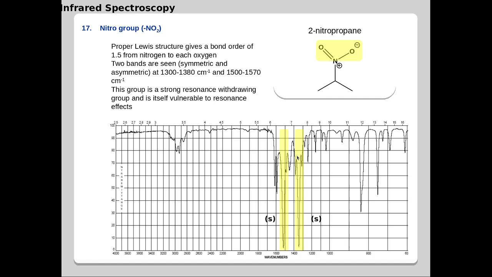The asymmetric stretching vibration, where one bond compresses and the other one stretches out, happens in a range of 1500 to 1600 centimeter inverse. So these are the major dominant band systems of nitro compounds here, and the rest of the bands are contributed by the hydrocarbon part of the molecule.